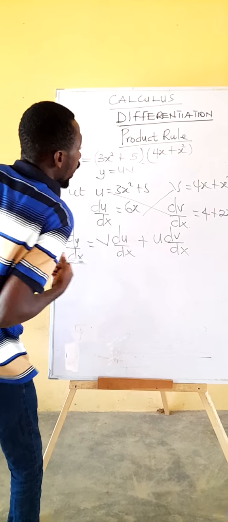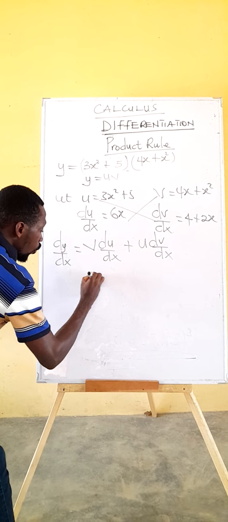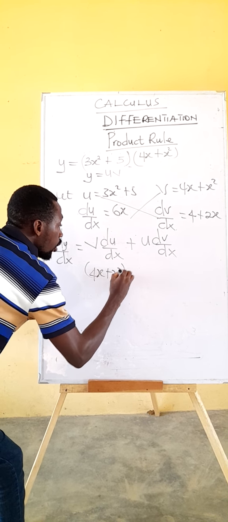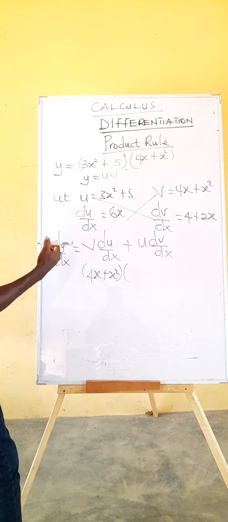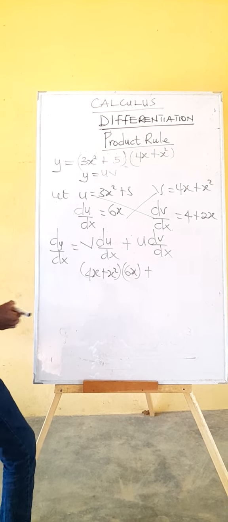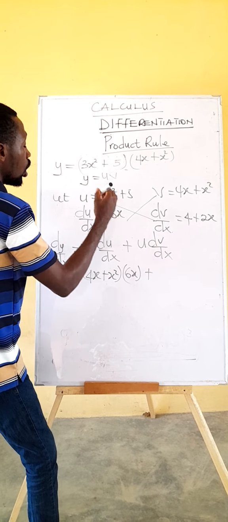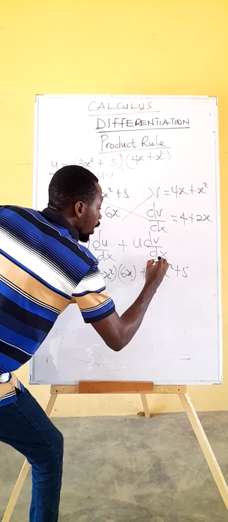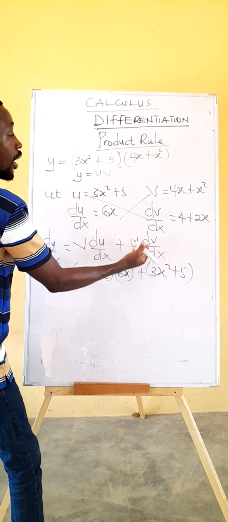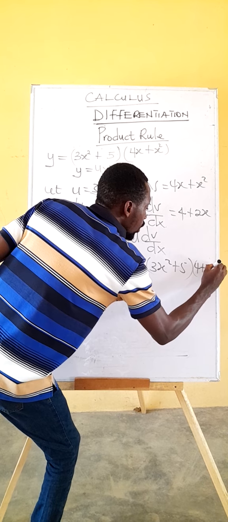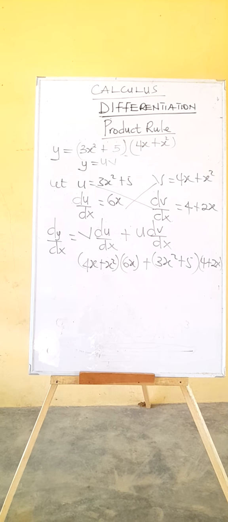Our v is 4x plus x squared, times what's our du over dx? That's 6x, plus what's our u? Our u is 3x squared plus 5. And what's our dv over dx? That's 4 plus 2x.